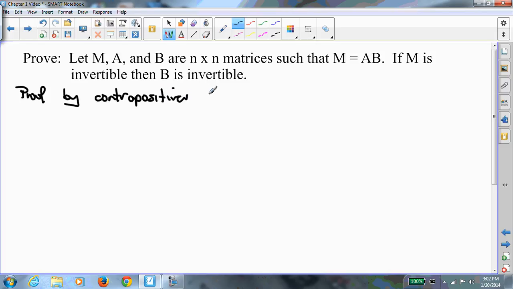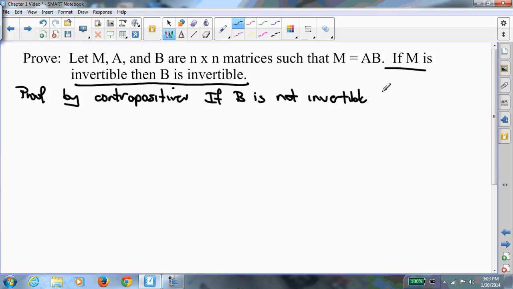And the contrapositive for this, given this statement here, would be if B is not invertible, which is why I'm going to assume the opposite, then M is not invertible.